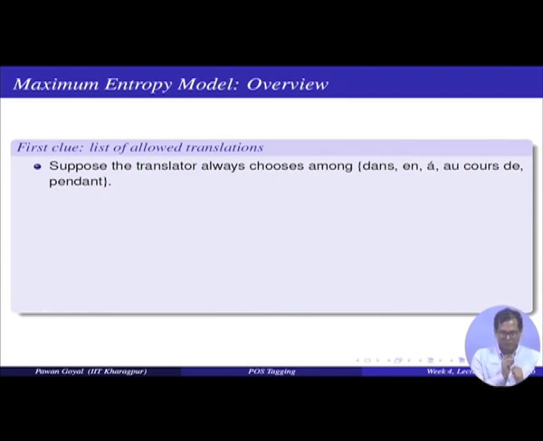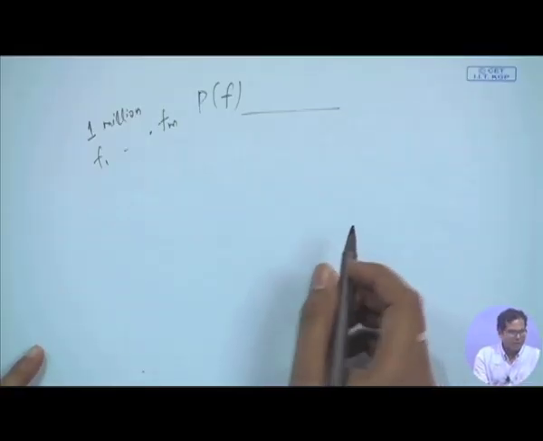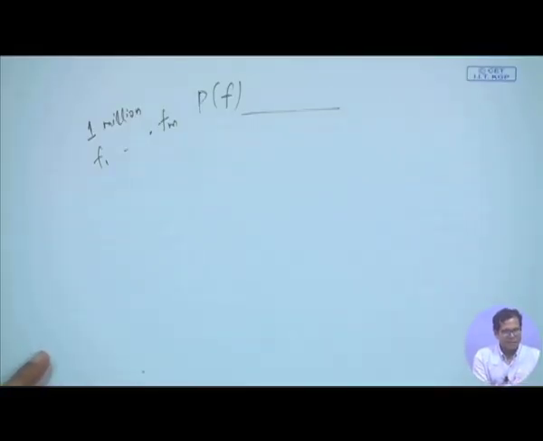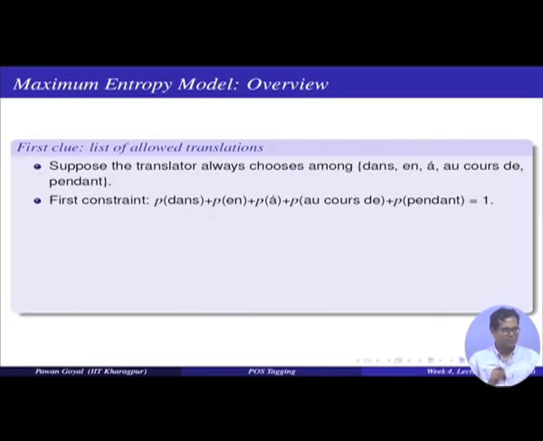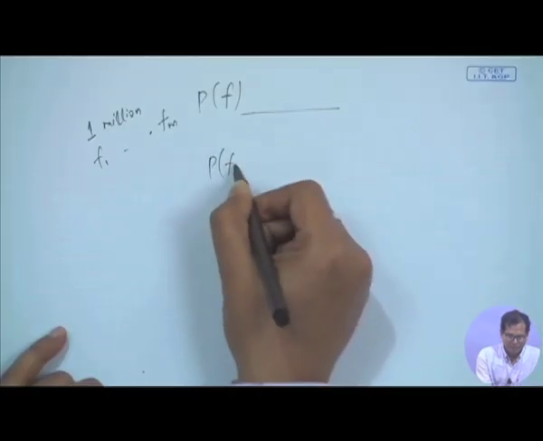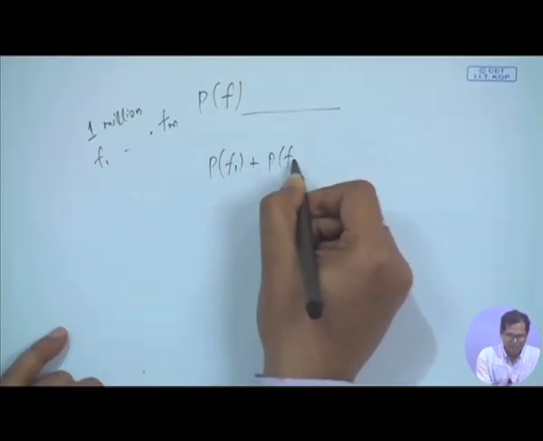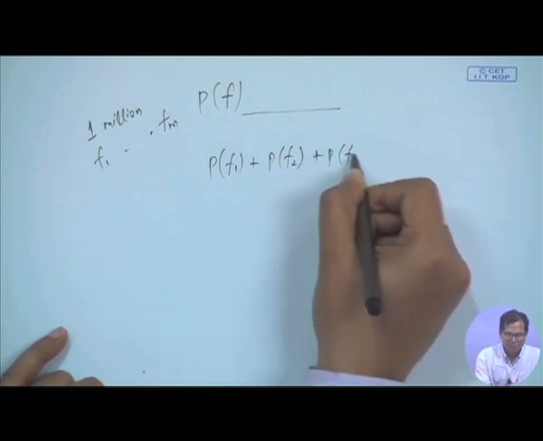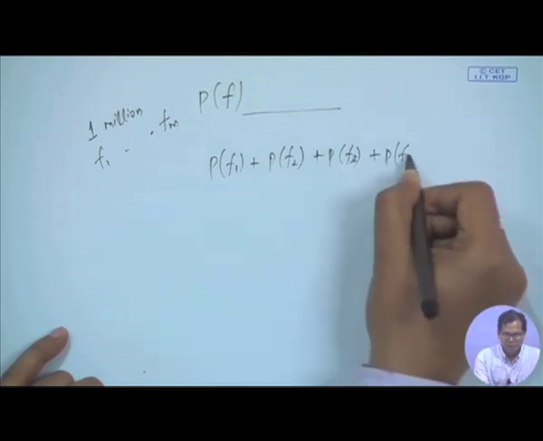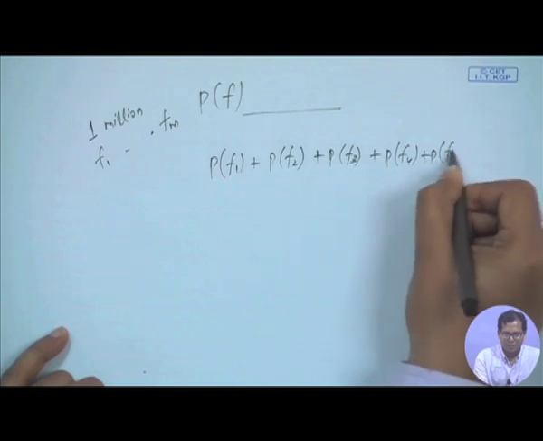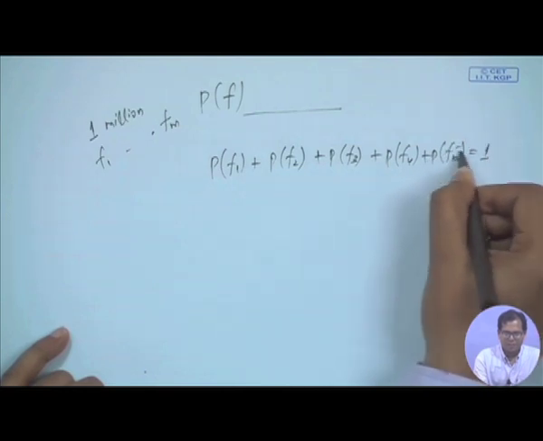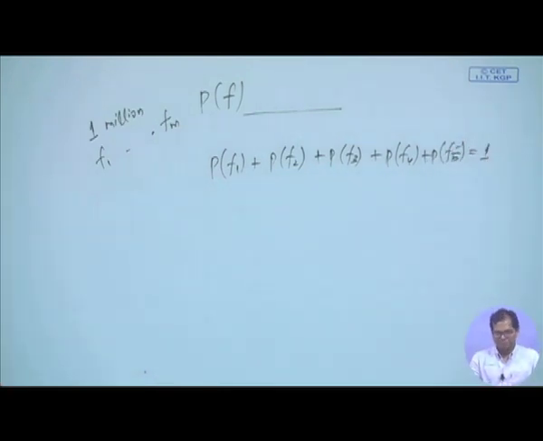So what is my constraint? Let me call these F1, F2, F3, F4, F5: probability F1 plus probability F2 plus probability F3 plus probability F4 plus probability F5 is equal to 1. So this is my constraint.